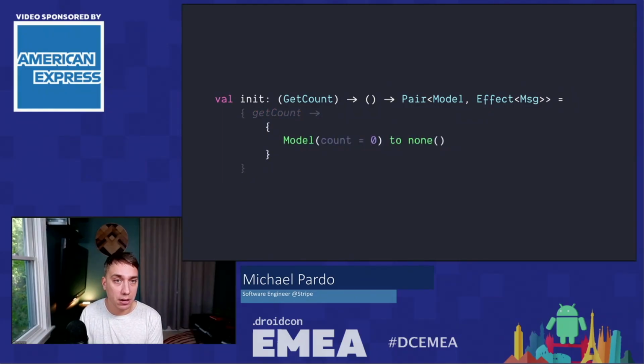So in the body of the outer function, we return the original init function, but here again, we're still returning an empty effect from the init function. So instead, we're going to return an effect by calling the getCount effect function with the injected instance of getCount.